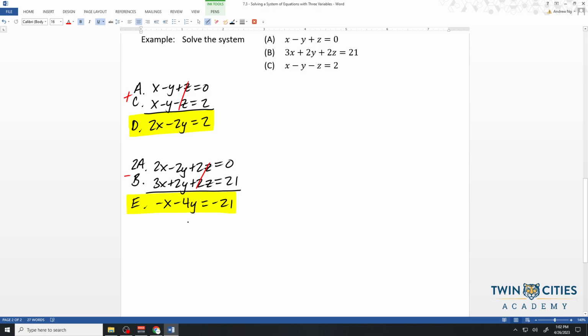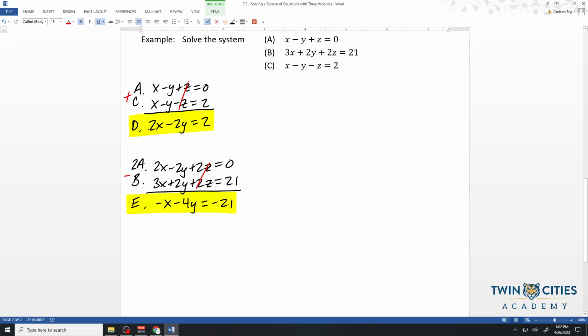Now, using the highlighted equations, D and E, I've got two equations with two variables. It's just like the ones that I started with. So I'm going to eliminate one more variable. Let's eliminate the y's.